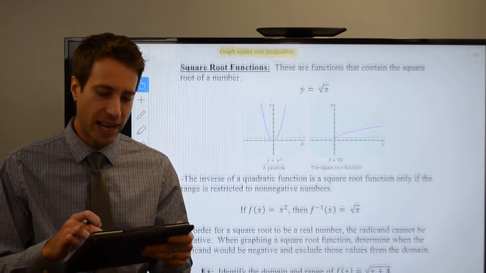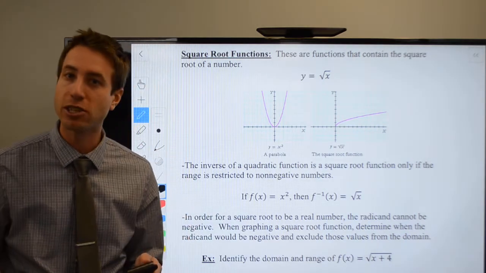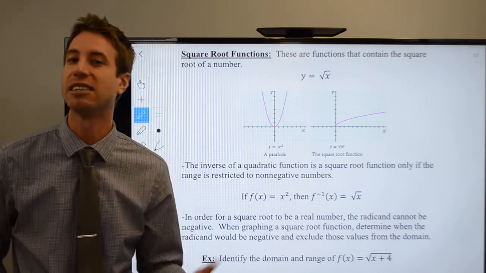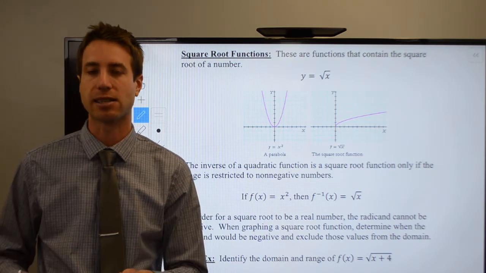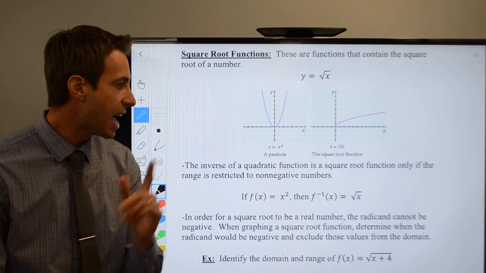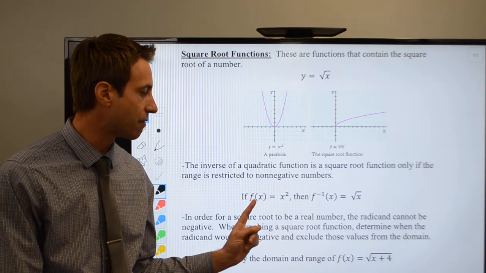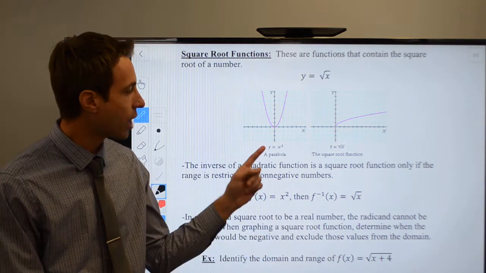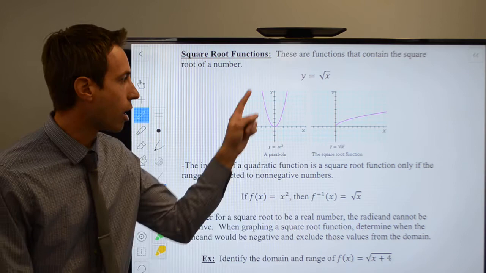I mentioned at the end of section 2 why we had spent so much time talking about functions leading up to radicals. In section 2, we had begun a discussion on inverse functions, and I just remind you of that right here. If you are given the function f of x equals x squared, which I've graphed right here, y equals x squared, it's a parabola, it's a quadratic function.